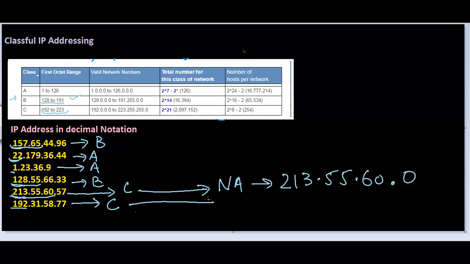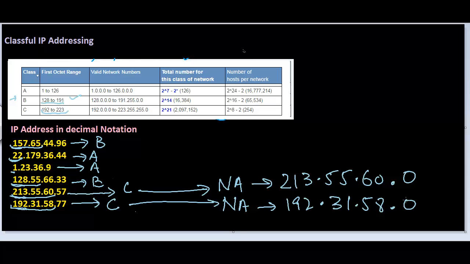Okay, how about this one? This is also a class C IP address, so the first 24 bits are going to be reserved for the network address, right? So the network address in this case would be 192.31.58, and this is the network address, and the host bits we are going to set to 0.